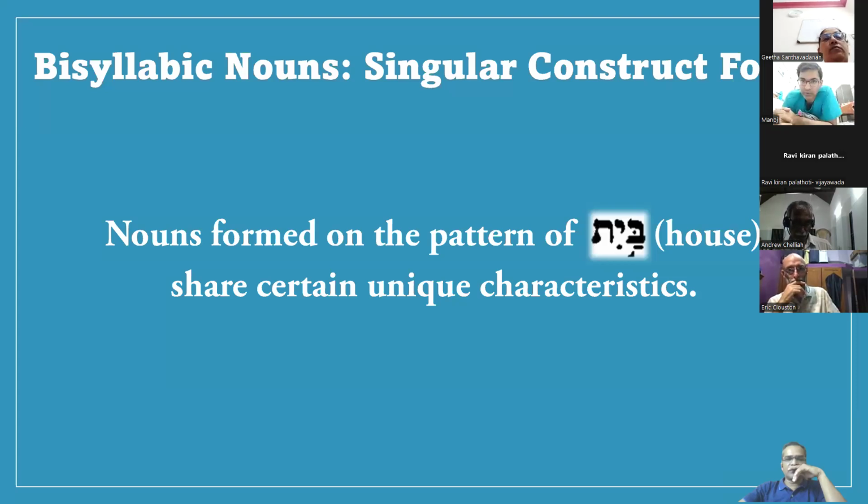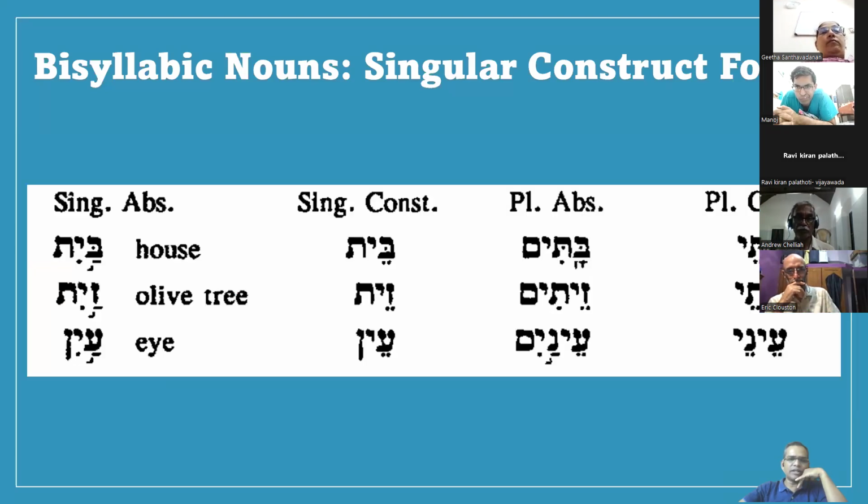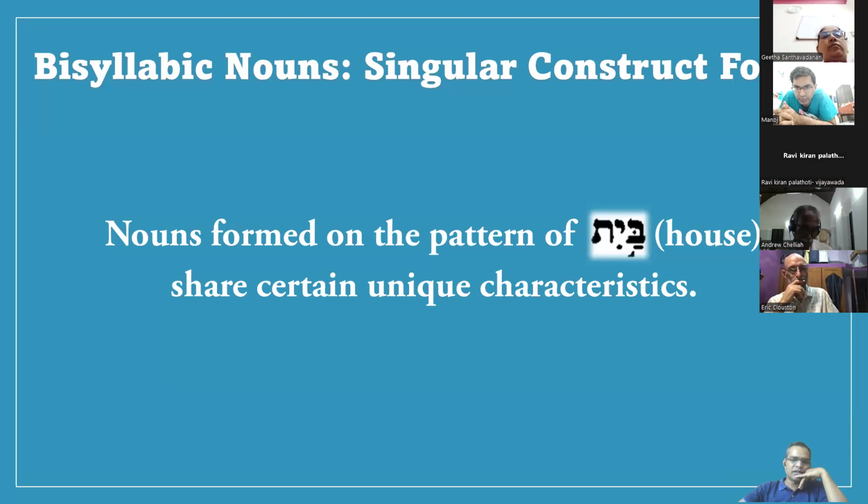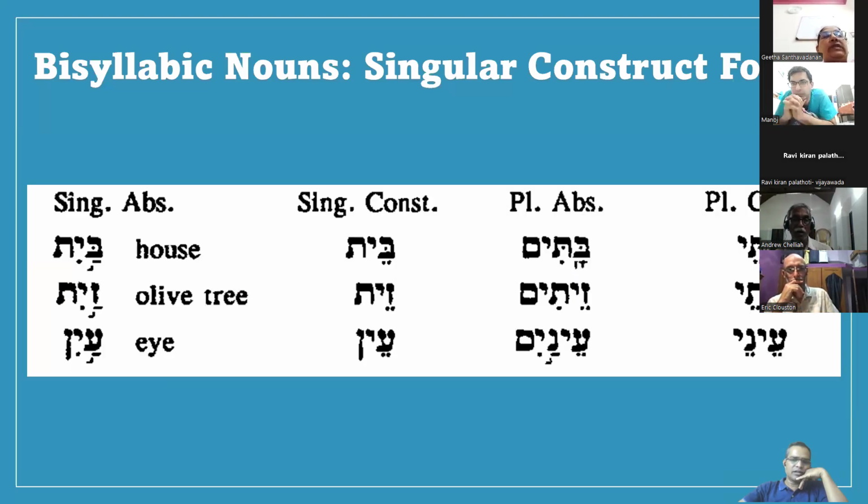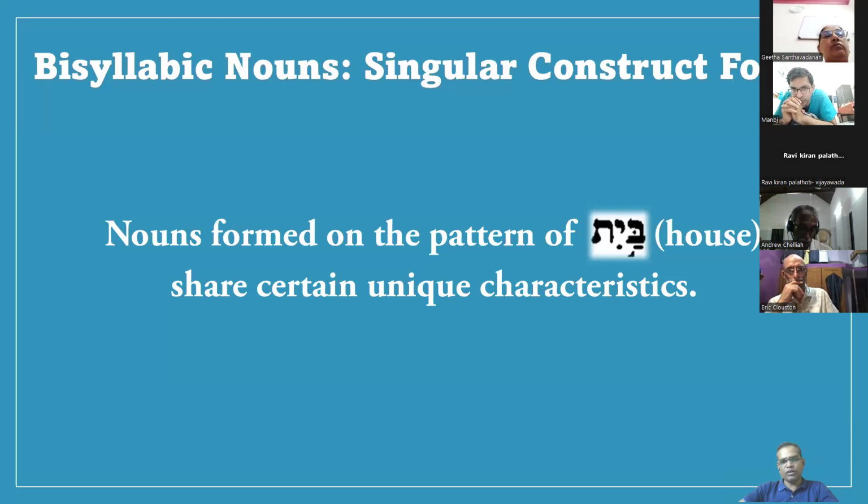The last one, Ba'it, will have a peculiar form when it is placed in the construct state. Ba'it is house. When it is in the construct state, it becomes Beit. So that means accented patach, yod, hirik can either tav or nun.